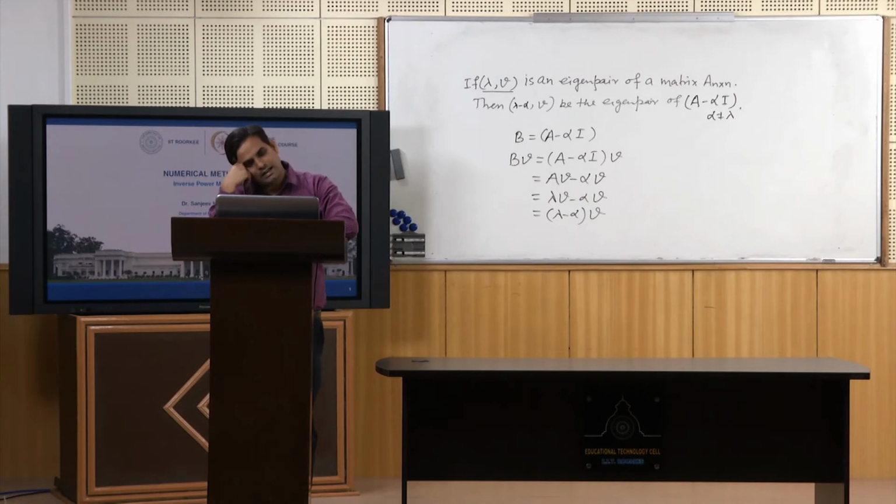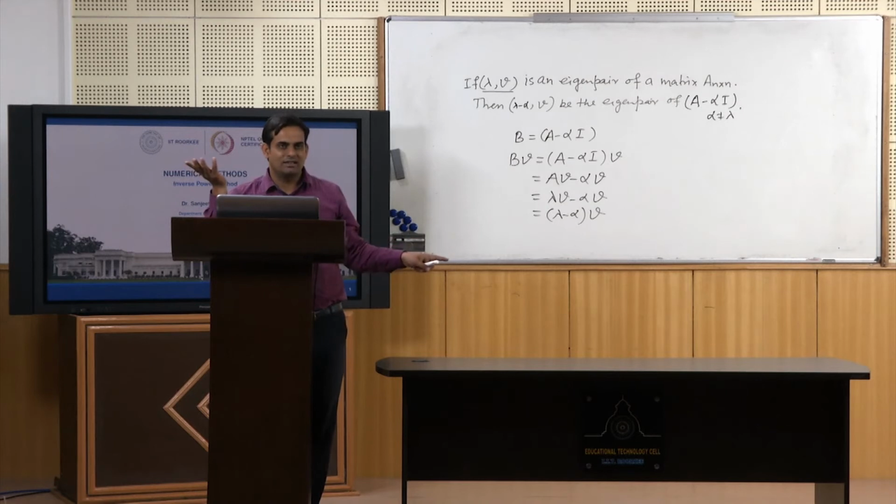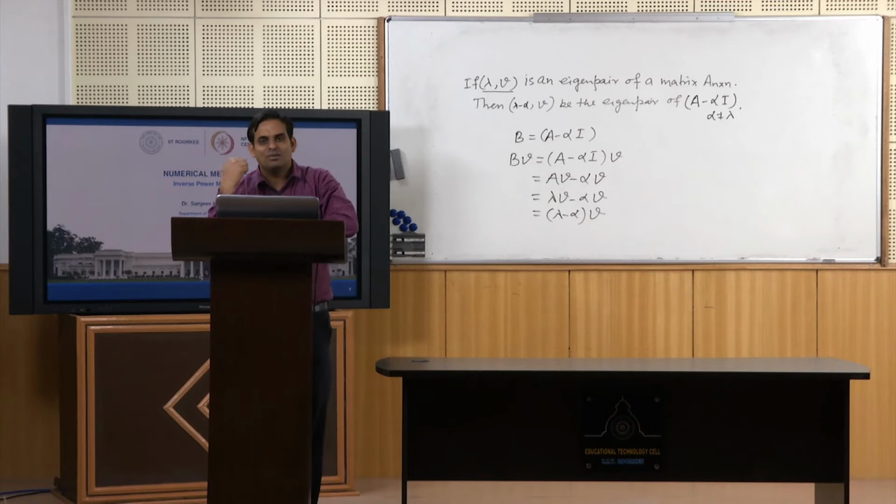Now, the question arises: without knowing the eigenvalues, how will we choose alpha? Because each and every time I am saying that alpha should be closer to lambda j compared to any other lambda i. So, how to do it without knowing the eigenvalues?